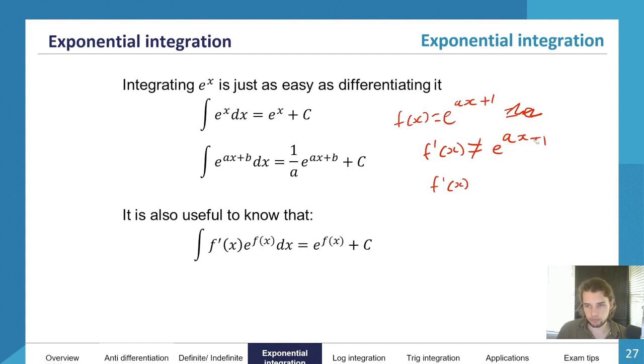I'm just doing a quick example, I think you've probably all seen this before. If we have f(x) equals e to the power of x squared, then the differential is equal to 2x times e to the power of x squared.